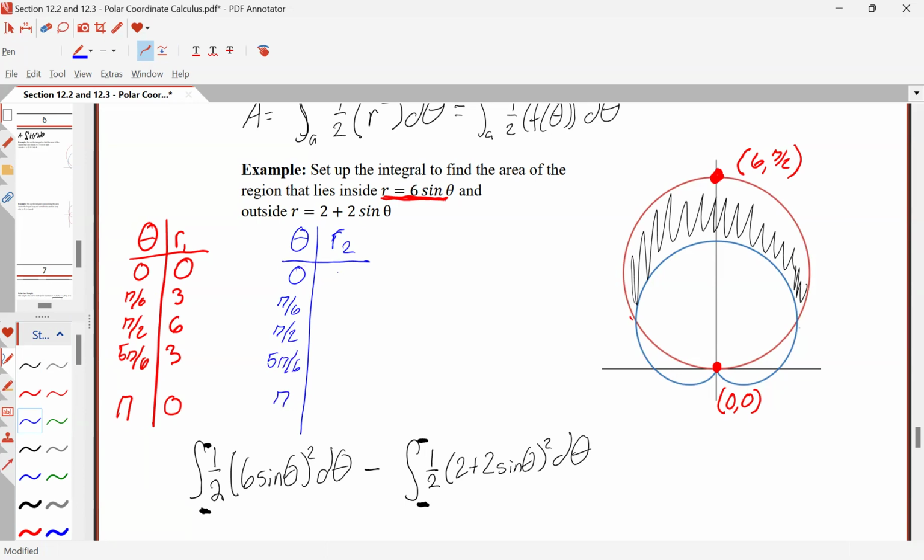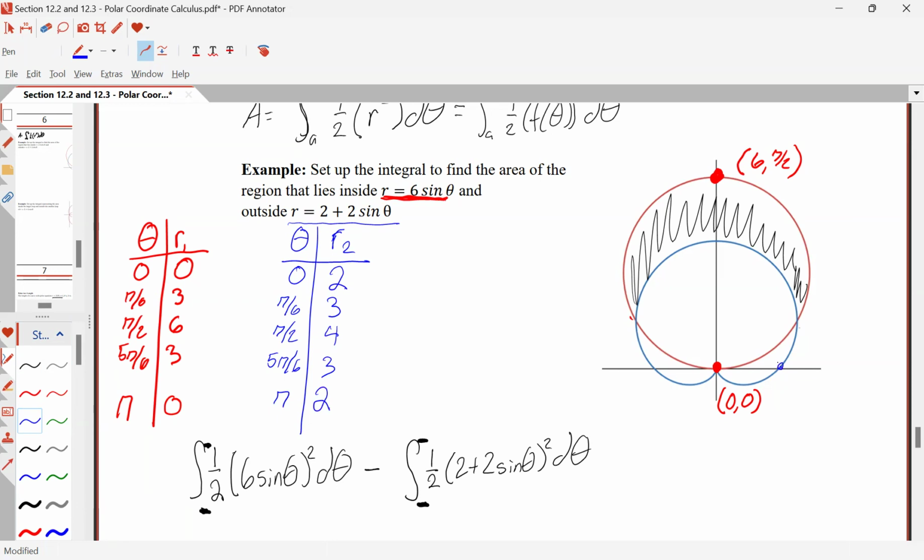And when theta is 0, r2, the blue function, 2 plus 0 is 2. When theta is pi over 6, we have 2 plus 2 times 1/2. That is 3. When theta is pi over 2, we'll have 2 plus 2. When theta is 5 pi over 6, we're back to 3. And then back to 2 when theta is pi.